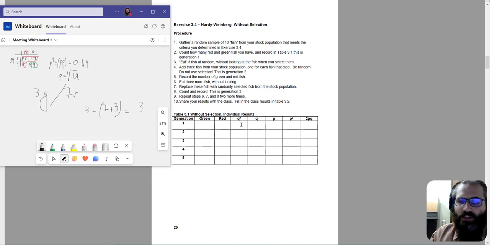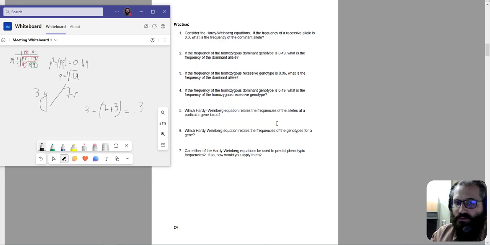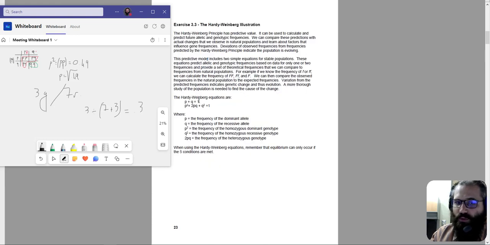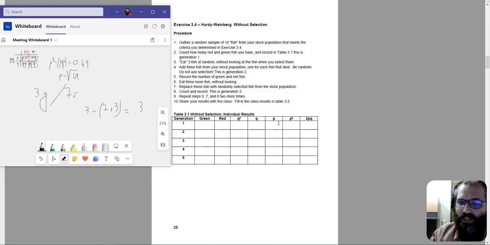And that's q squared. So the number of green divided by the total individuals gives you q squared. When you square root, you get q. 1 minus q equals p, coming from 1 equals p plus q. If you have q, you can find p. Minus q on either side: p plus q minus q equals p, so p equals 1 minus q. And then you can find p squared, you square that, and 2pq, 2 times q and p, and you can do it for all your individual data.